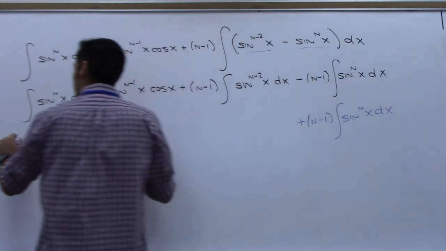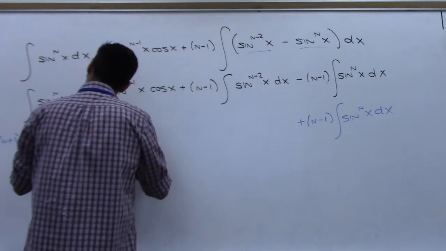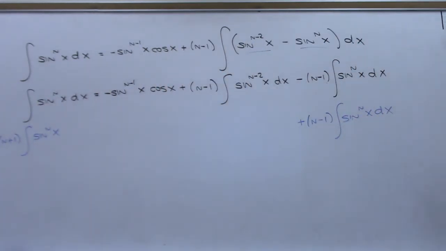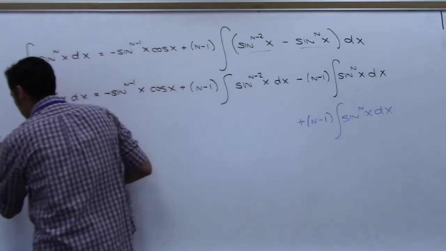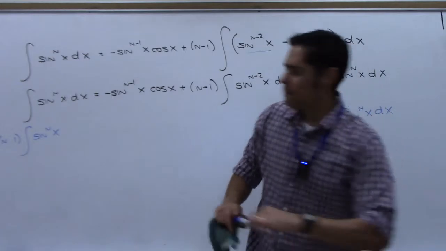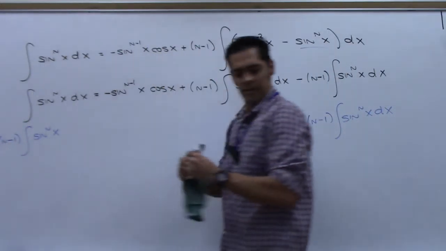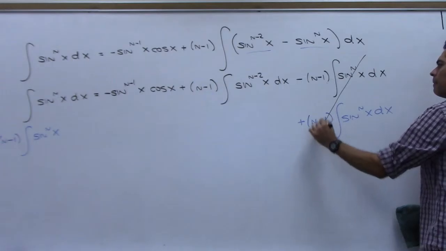So I need to add n minus 1 of these integrals to both sides. No, minus 1. Sorry, minus 1. That would have been a disaster. I'm adding this. All right, we good? Okay, this is gone.